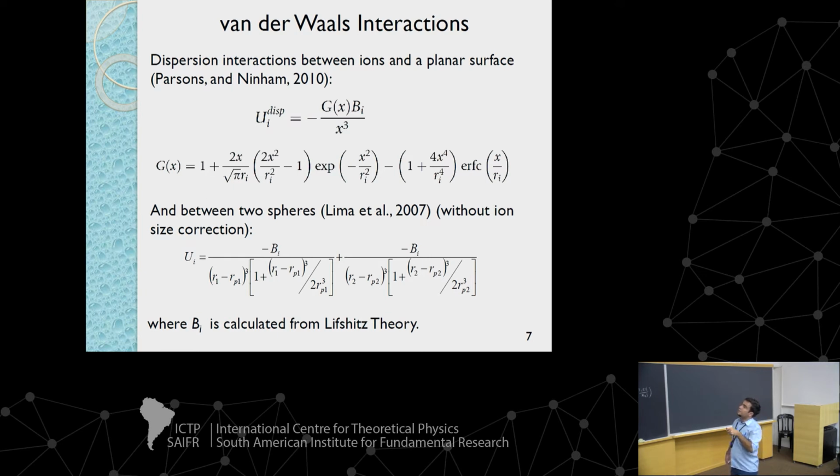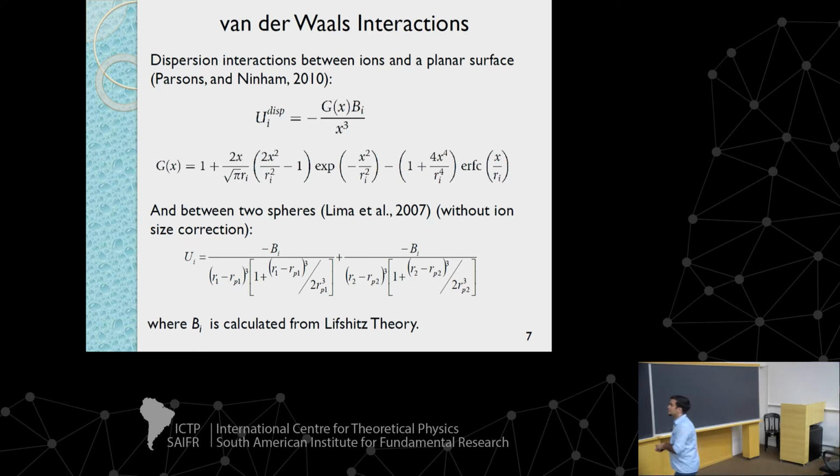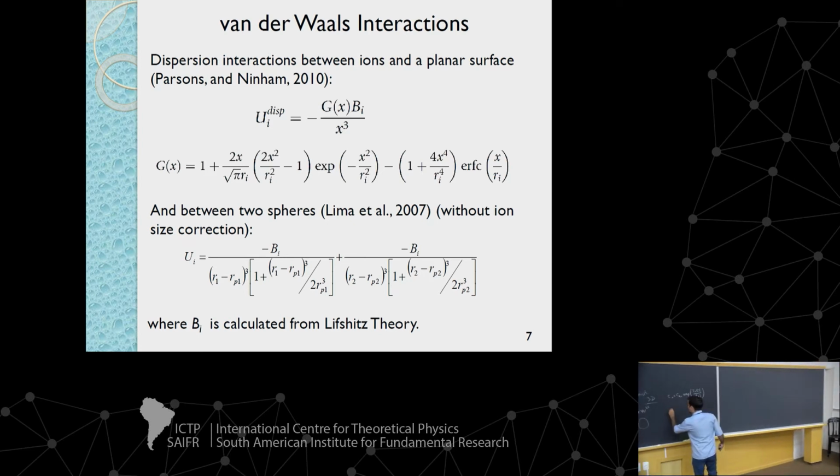So this is for one sphere, and this is for the other sphere. This is the radius of the first sphere. This is the radius of the second sphere. And this is the distance between the ion and the sphere. When we are talking about R, we are considering center-to-center distance, okay?